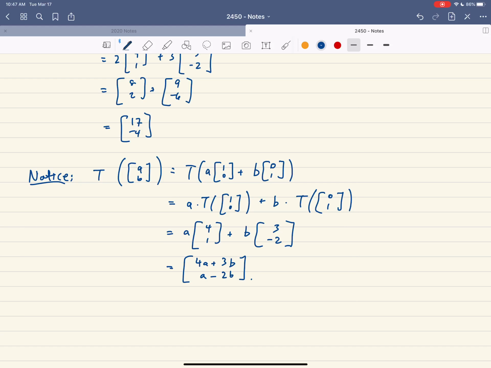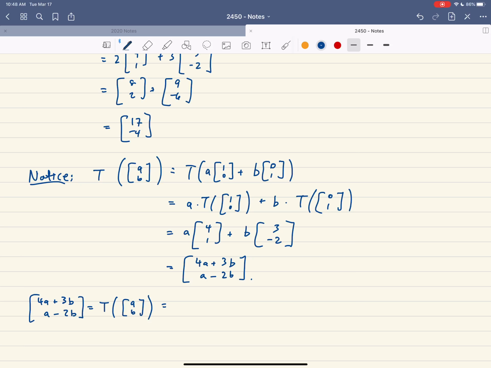Okay, so this is what I want to think about here. One last way to think about this problem. T of (a, b), we just said that was (4a plus 3b, a minus 2b).